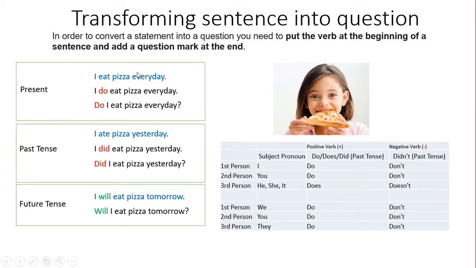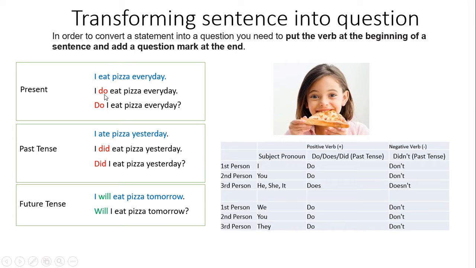You can also say it this way, like I do eat pizza every day. So in this way, you can easily transform a statement or a sentence into a question by placing the word do, or the verb do, at the beginning of the sentence.